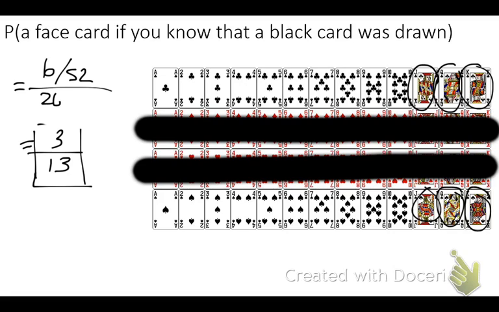And 26 over 52 is the probability that it's black, which is what was on the bottom. And so it simplifies to the same answer. I like doing it this way, but you can also use the formula if you like it that way.